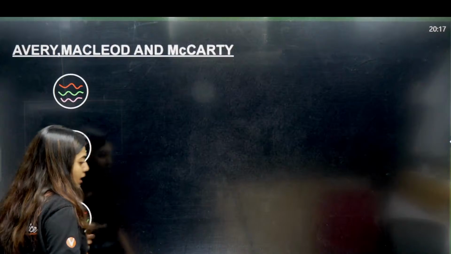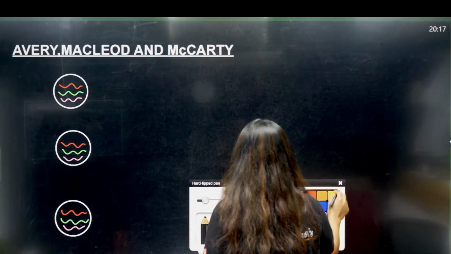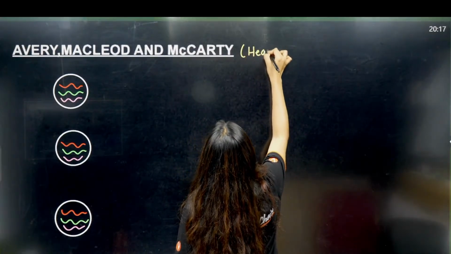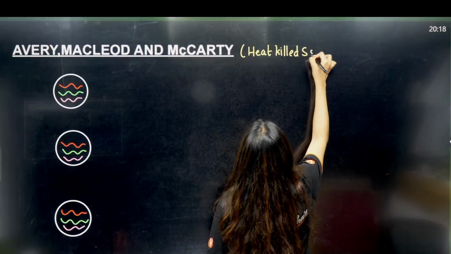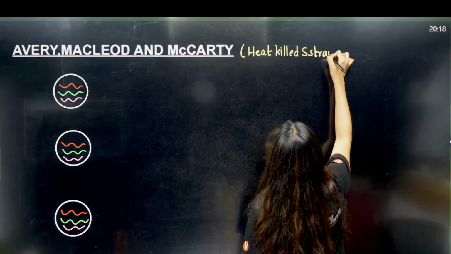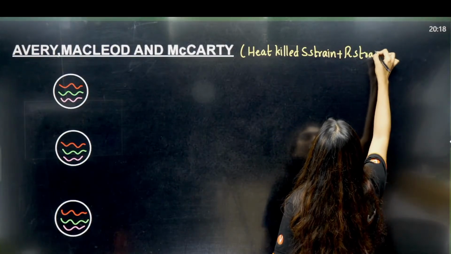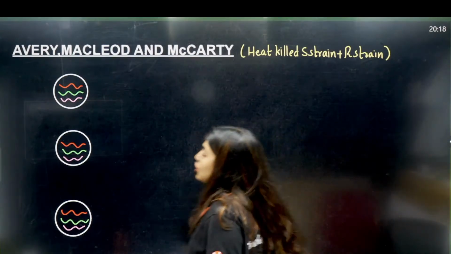So they took three samples of what combination? They took the same combination of heat killed S strain plus R strain, and they used three enzymes. Let's see the three enzymes that they used.